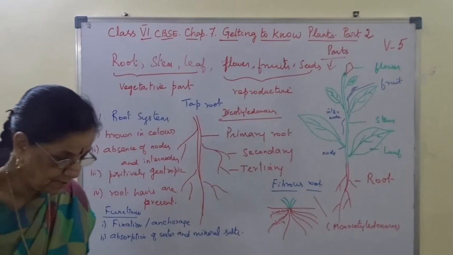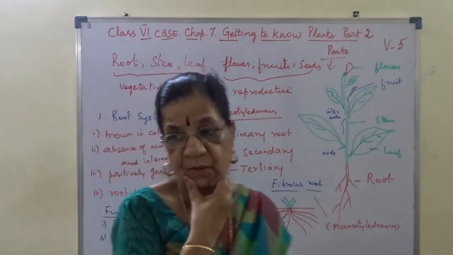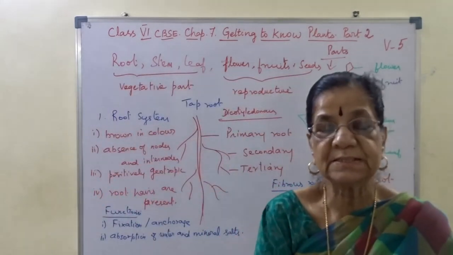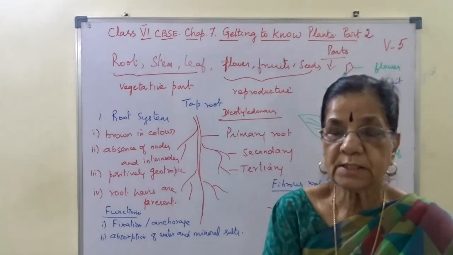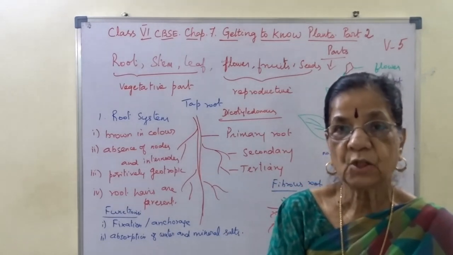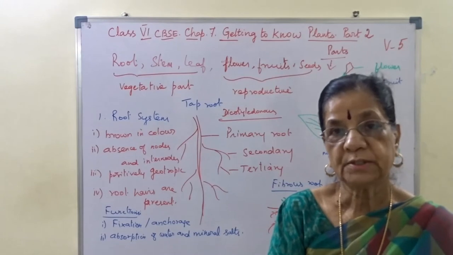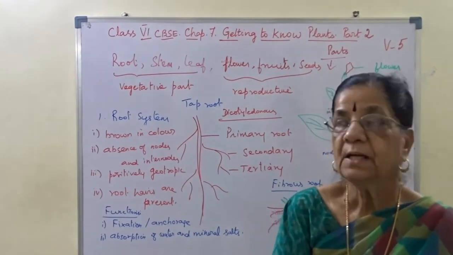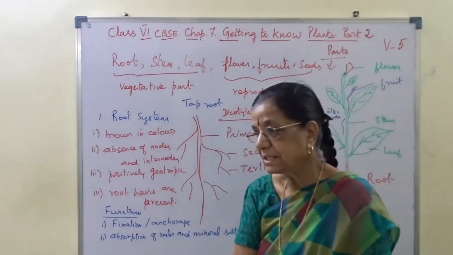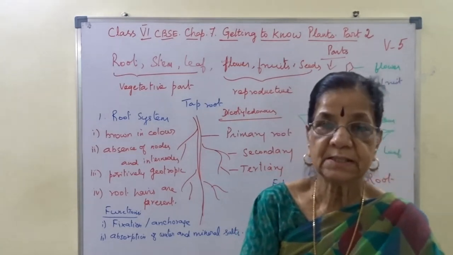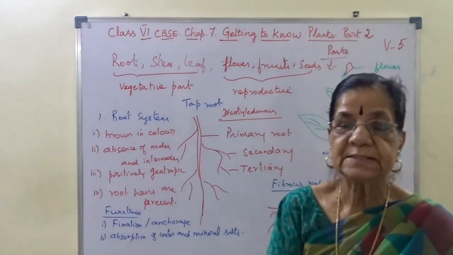What does it mean? The seeds of the plants which have only one cotyledon are called monocotyledonous plants. The seeds of the plants which have two cotyledons are dicotyledonous plants.